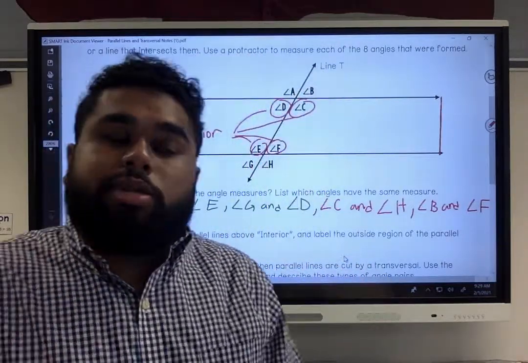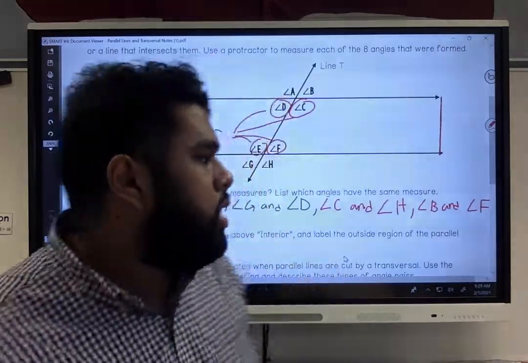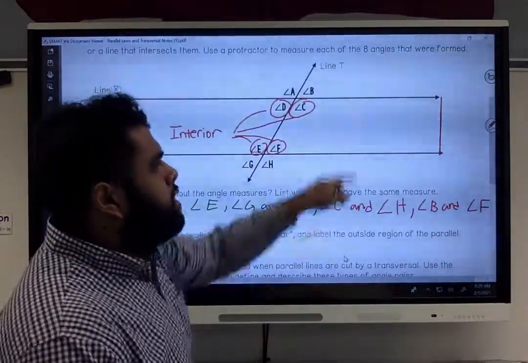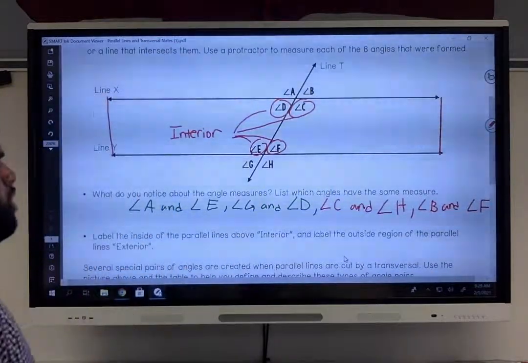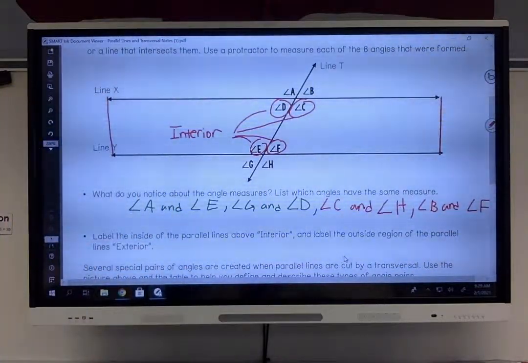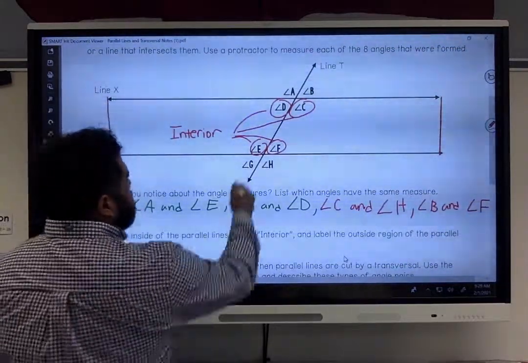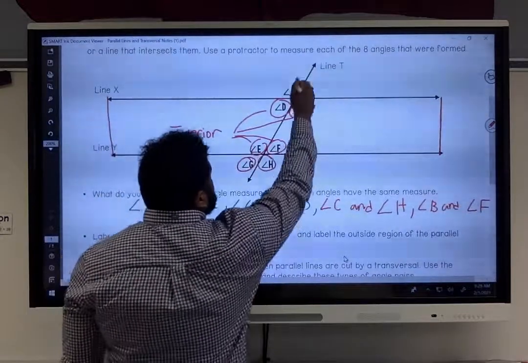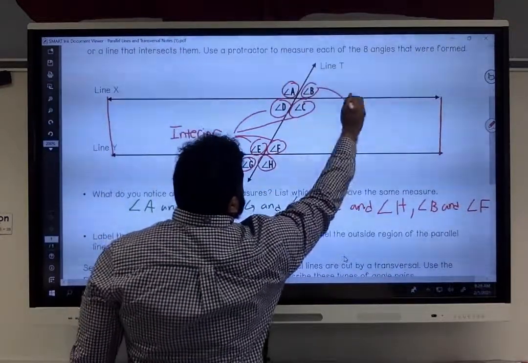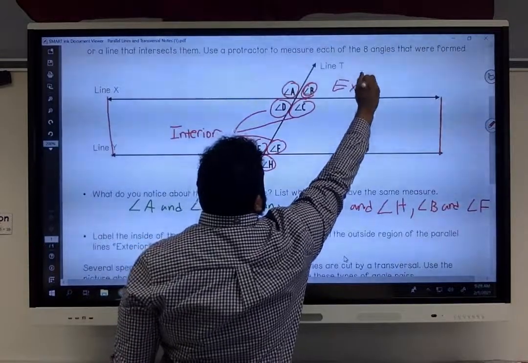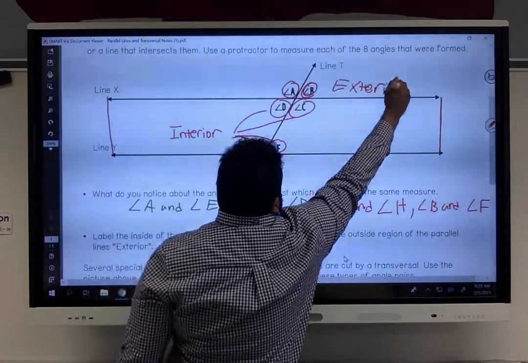So everything on the inside of this imaginary rectangle is the interior, and what's outside of the rectangle will be the exterior. So these four are exterior.